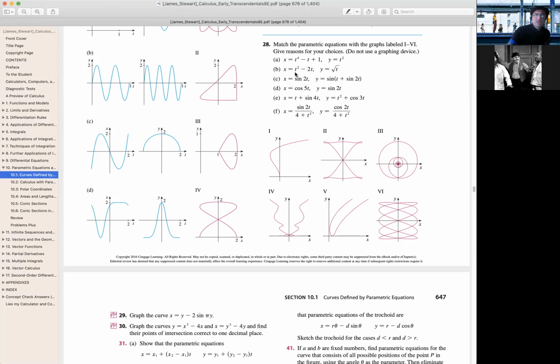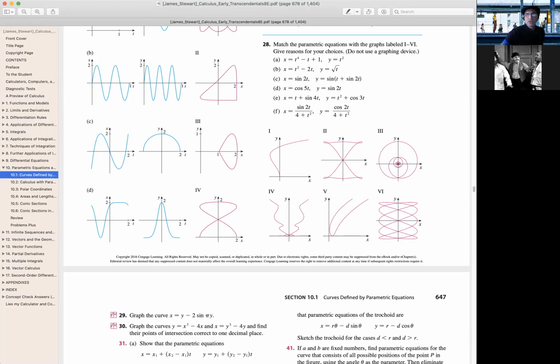And now if x is 0 at t equals 0, then y would be 0. So that would be the origin. And if t equals 2, then y would be the square root of 2. So the picture that best reflects that is picture 1, because picture 5 does not even go through the origin.